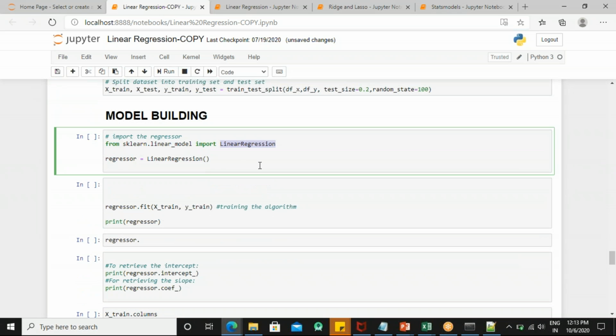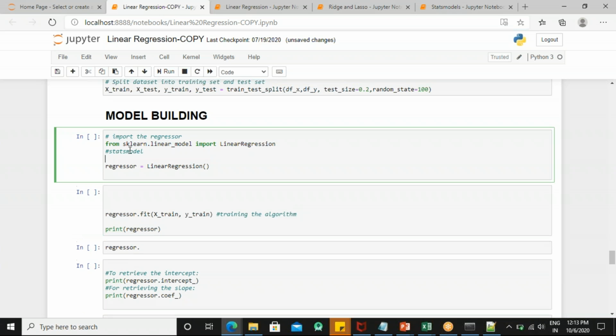Guys, which package do you use for linear regression? Is it sklearn or statsmodels? Please ping me. sklearn. You didn't use statsmodels? Okay, it's an alternative, that's fine, it's not needed.